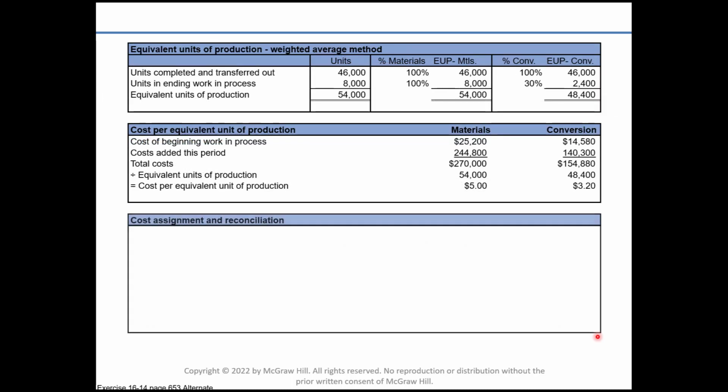The last step is cost assignment and reconciliation. So the units transferred out for materials and conversion, pick up the numbers here and pick up the unit costs, 5 and 320, multiply.